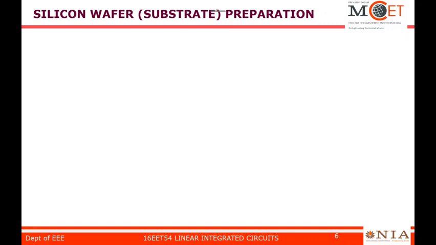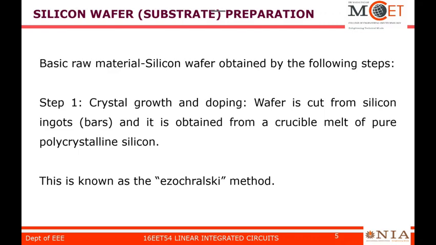Last week you have seen we place a small silicon crystal in molten silicon, then we rotate it, right? Then we lift up the bar, and a pure silicon bar is created.